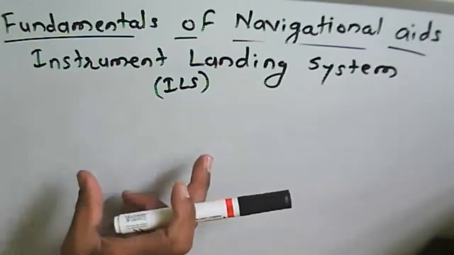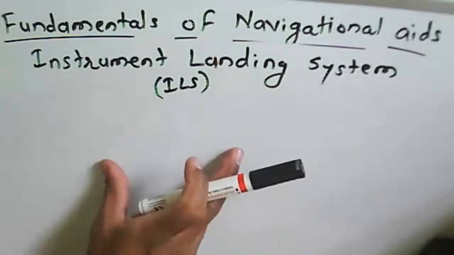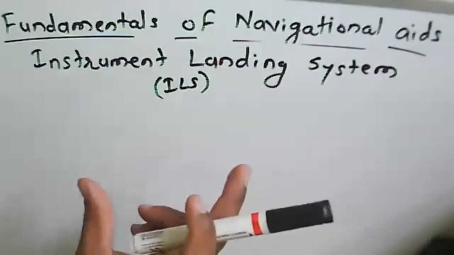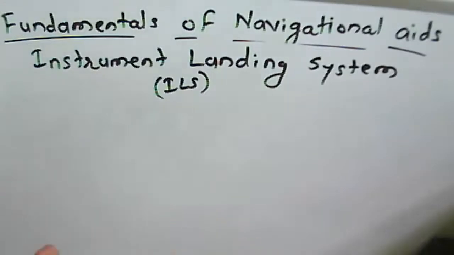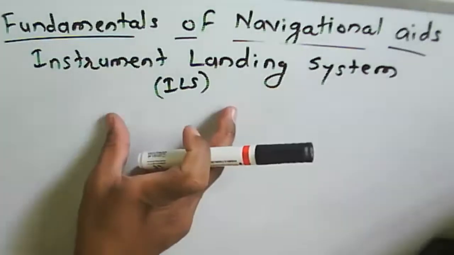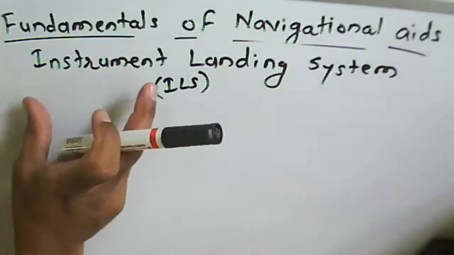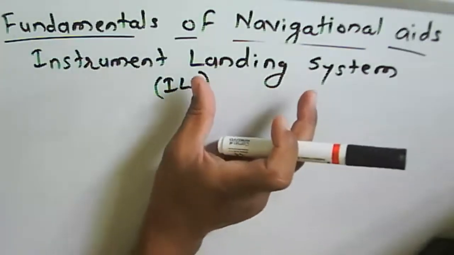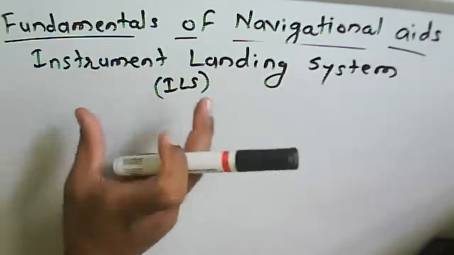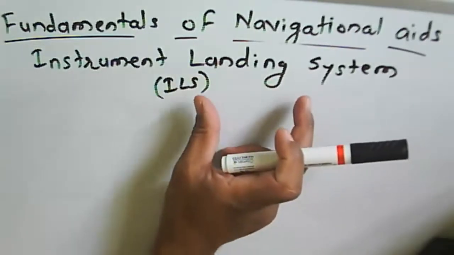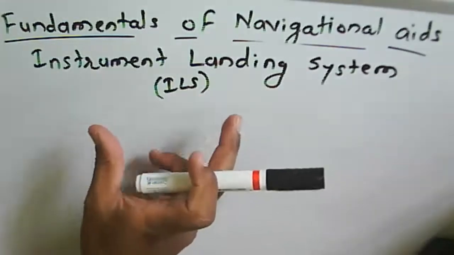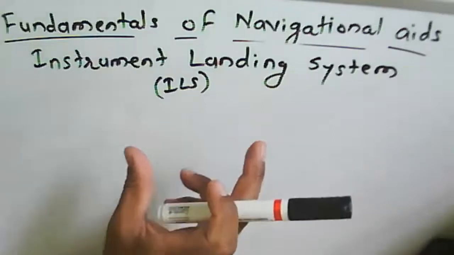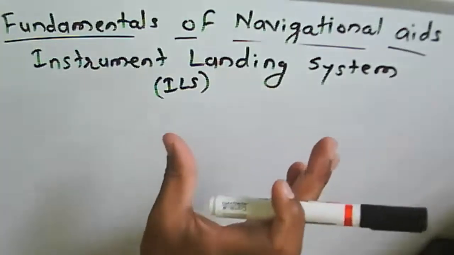Mostly radar is used for warfare, or for the landing of aircraft and so on. So this one is a landing system. The instrument landing system will help the aircraft land properly on a terminal.